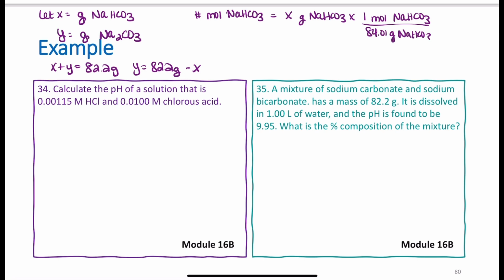Okay, the molar mass. So this is equal to X moles divided by 84.01 grams of NaHCO3. It's annoying to see it that way, but I mean, it's valid.